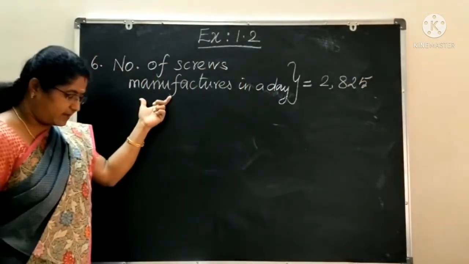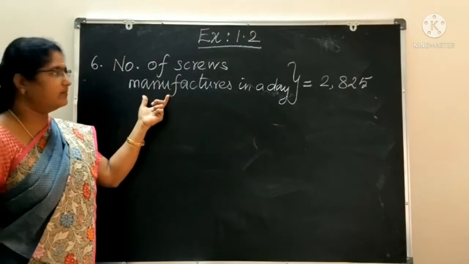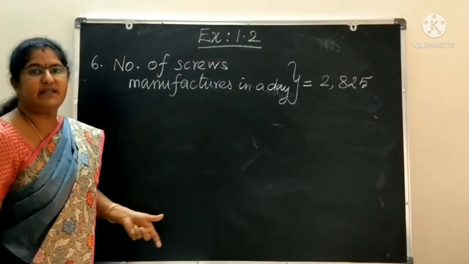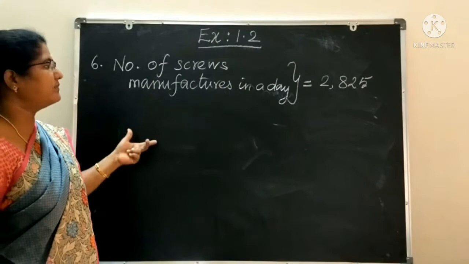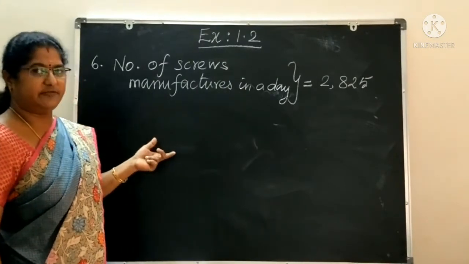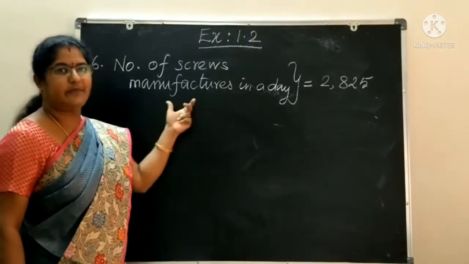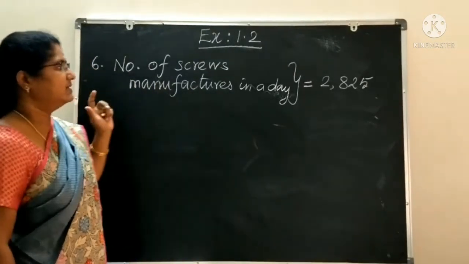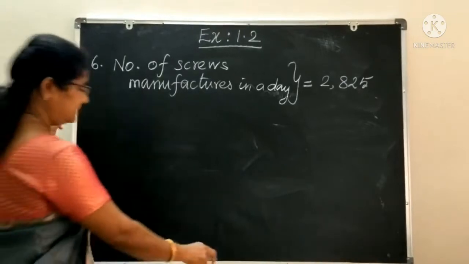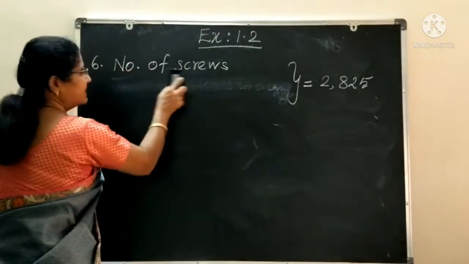Here you can use manufacture or produce, both of the words. It is given in the question itself. We can frame the sentence from the question itself easily. Number of screws manufactured in a day or produced in a day. It is a small statement, no? So we can write produced.